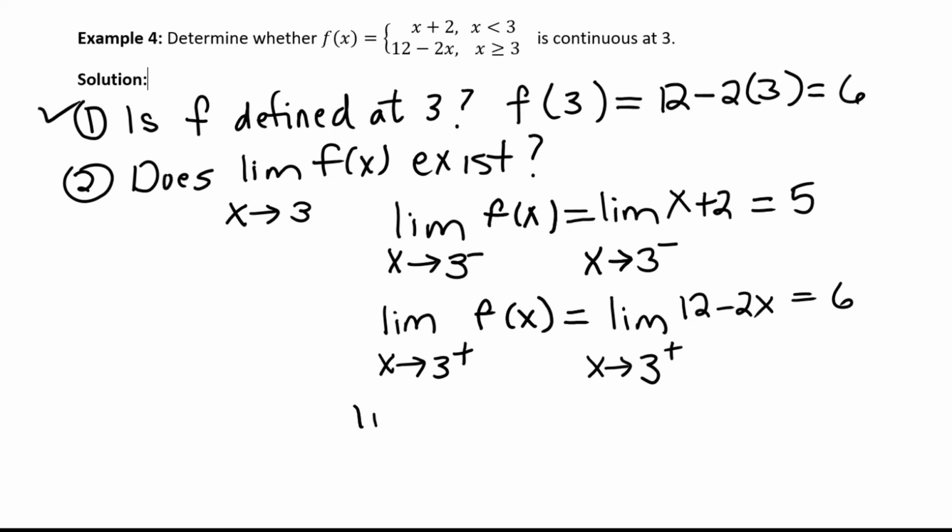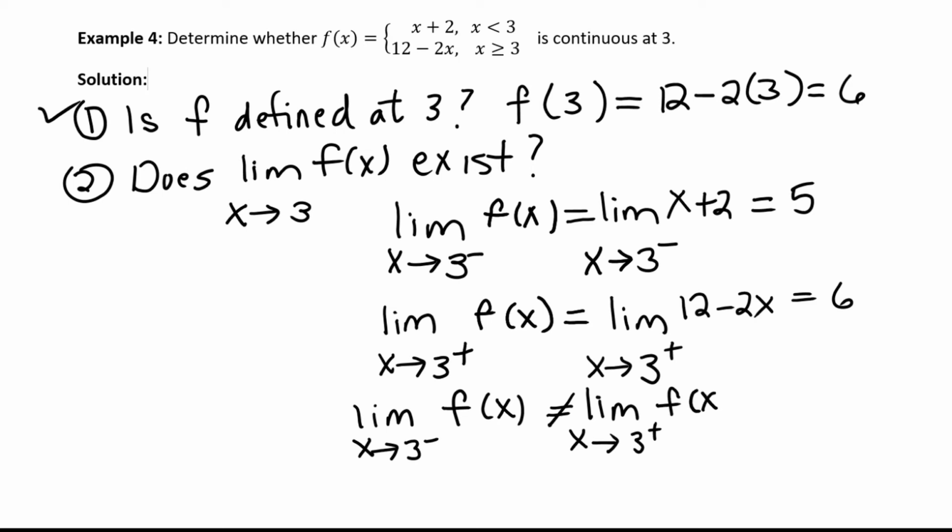Let's observe that the limit as x approaches 3 from the left of f of x is not the same as the limit as x approaches 3 from the right of f of x. So, to the question, does the limit of f of x exist? The answer is no. And if any of the three parts fail, the function is not continuous at that point. So, is f of x continuous at 3? No.